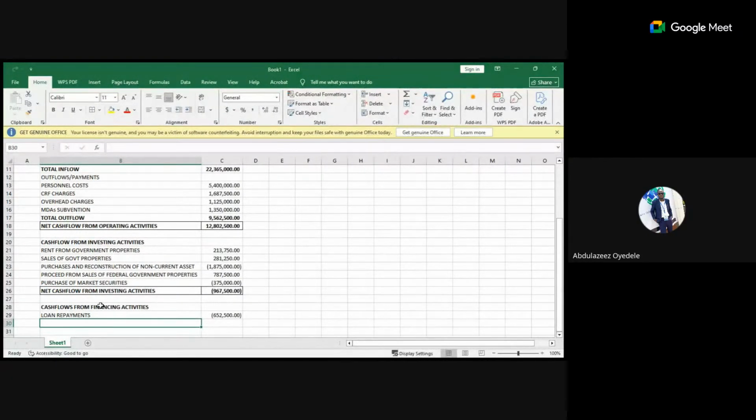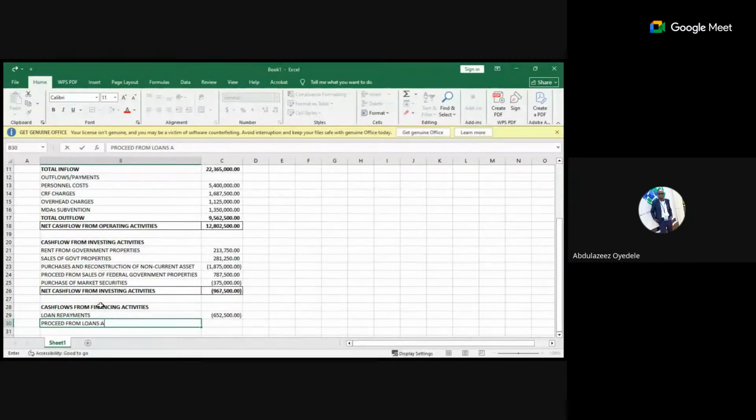Thank you. Okay. After that, we have purchase of current assets, proceeds from properties, purchase of market securities, cash and cash equivalent, then proceeds from loans and other borrowings.